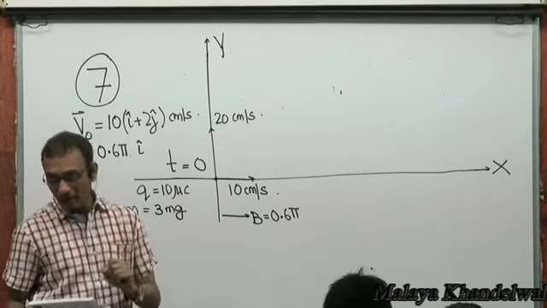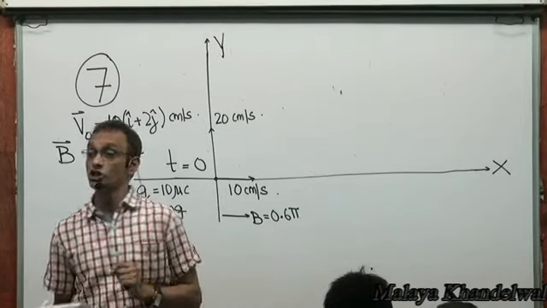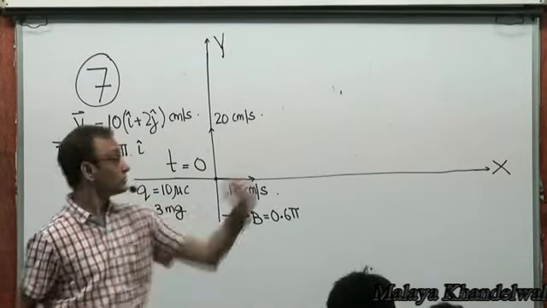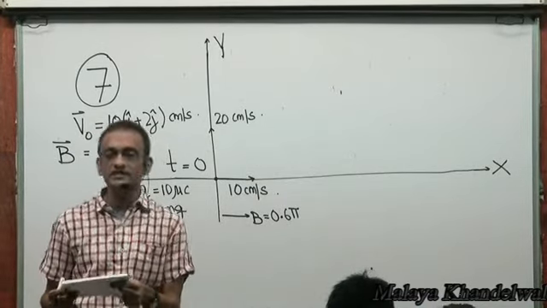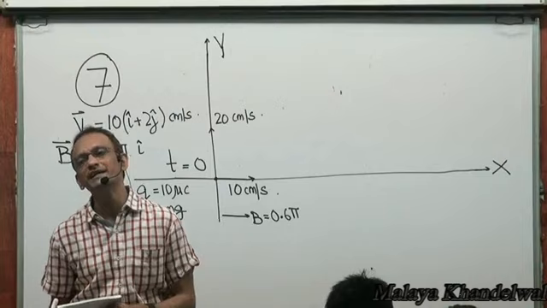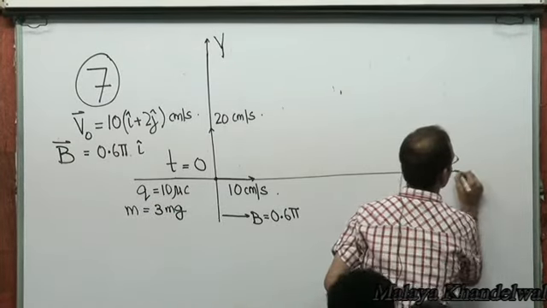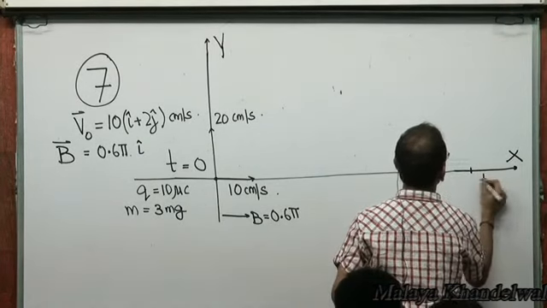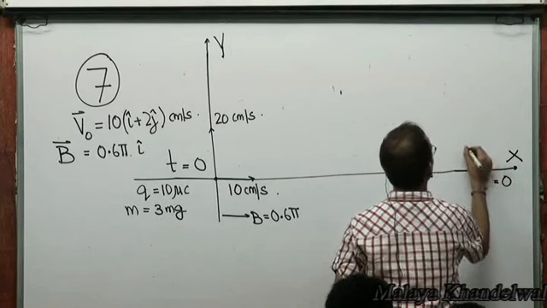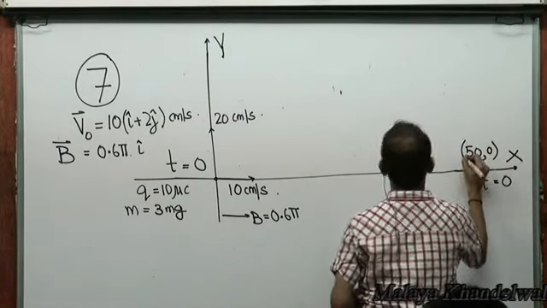And there is another particle moving with a constant velocity along the negative x-axis in this direction. At time t equal to 0, this second particle is at 50 centimeters, 0.